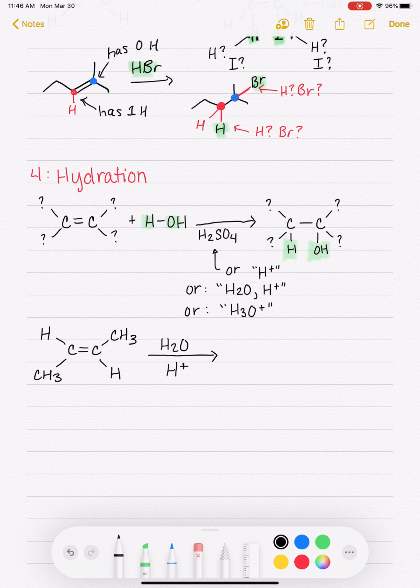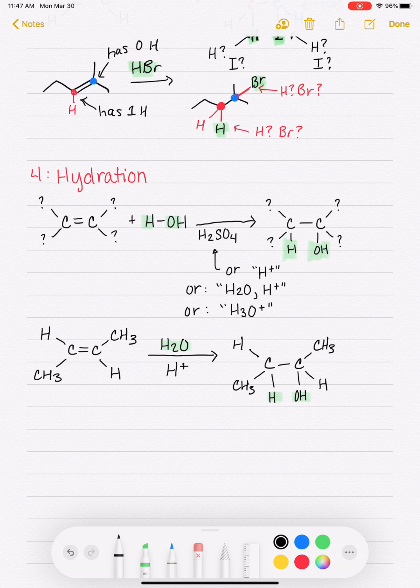So we want to start by redrawing the original alkene, except the double bond is now a single bond. And we are going to add two things to the alkene carbons. One is an H and the other is an OH.